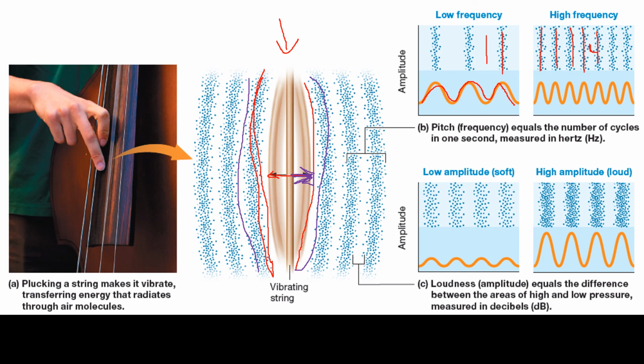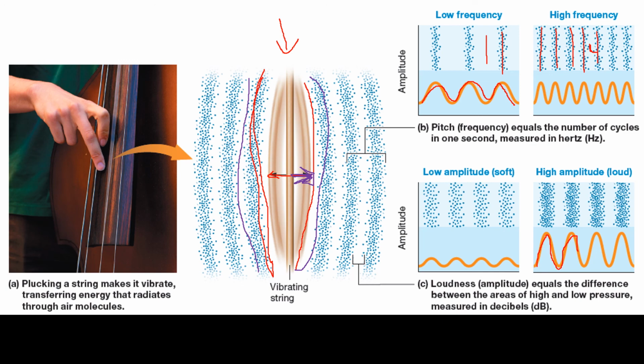Then you have amplitude, and that is really just exactly what it sounds like. It is the force of these waves. It's the difference between the areas of high and low pressure. So you see there's not very much pressure in this, let's say, lightly plucked guitar string.